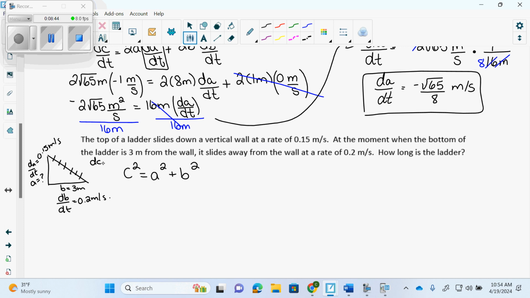What is dC over dt? What is the ladder's change in rate? If I take a ladder that is one height and I lean it against the wall, what's its changing rate? 0. So this would be 0 meters per second. We agree? So differentiate this, we get 2c dc dt equals 2a dA dt plus 2b dB dt.